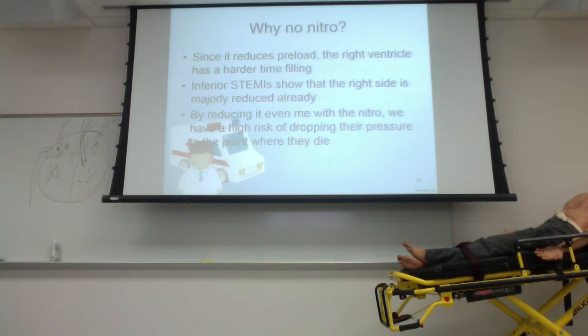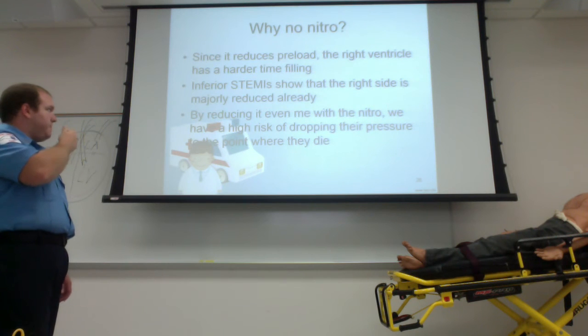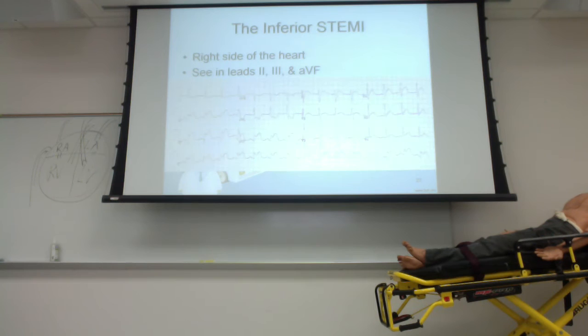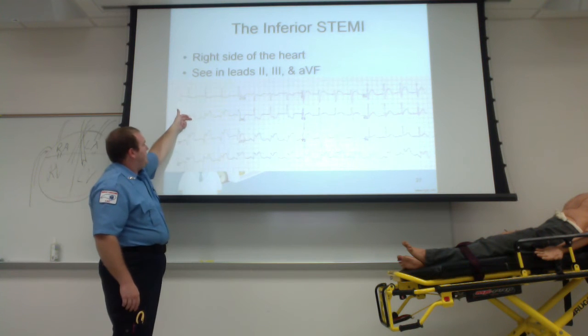A little further here, this is why you give no nitro in that inferior STEMI we're talking about. Whenever you do that, the blood has no way to pump through the heart anymore, and thus there's no back pressure pushing it through. This here is just a classic picture of your inferior STEMI. Back here on those inferior leads we're talking about, you have your elevation.